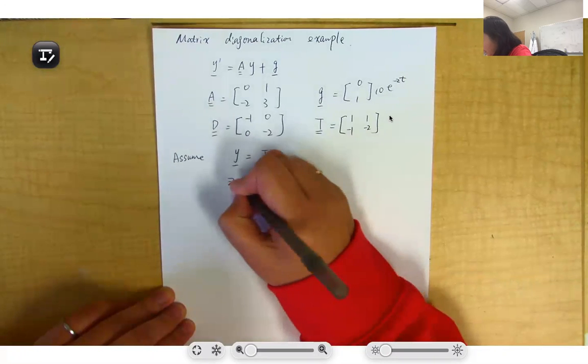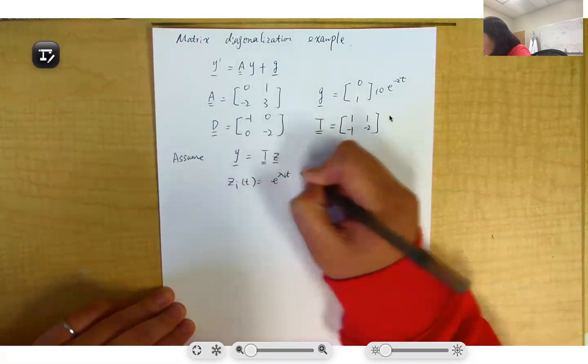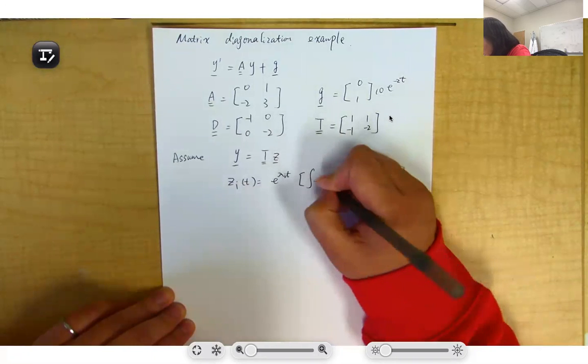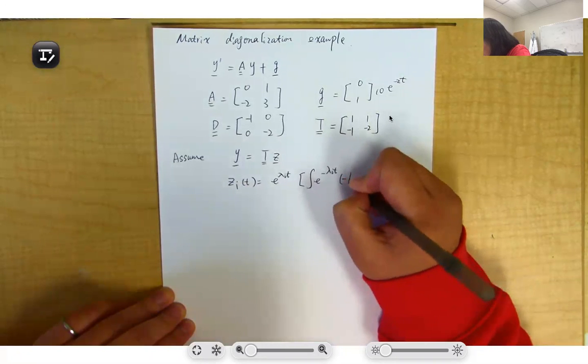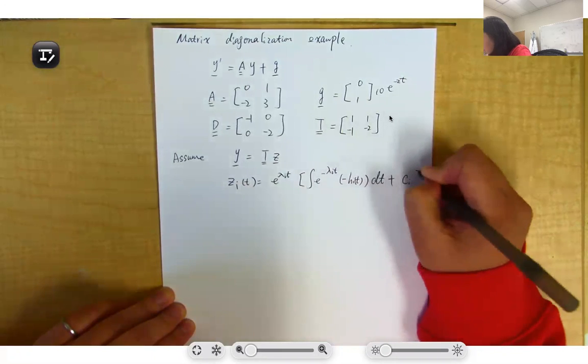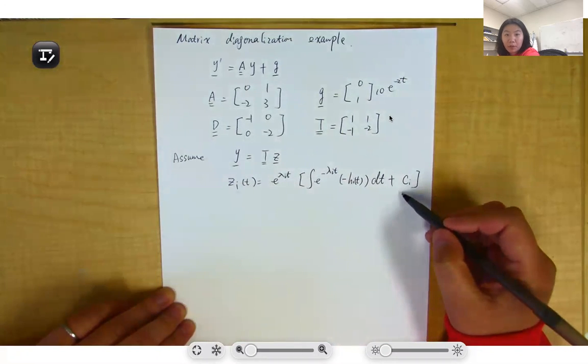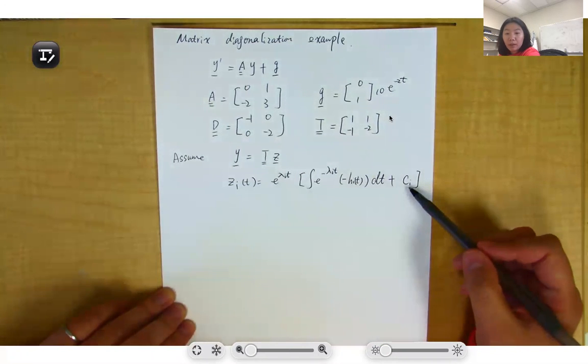And we know that z_i(t) equals e^(lambda_i t) times the integral of e^(-lambda_i t) h_i(t) dt plus some constant. If you include this constant, it will be the general solution. If you don't include this constant, then it will be a particular solution.